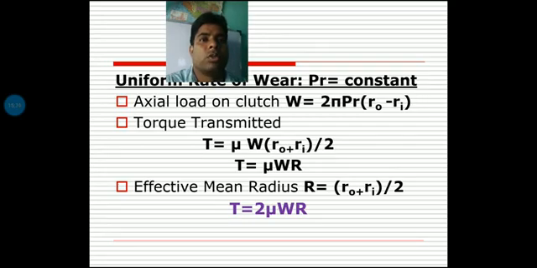Now the total torque transmitted, T, is equal to mu into W, (RO plus RI) by 2.